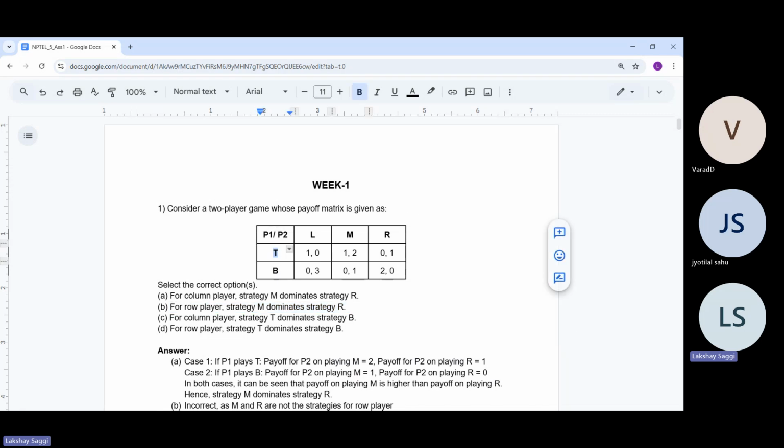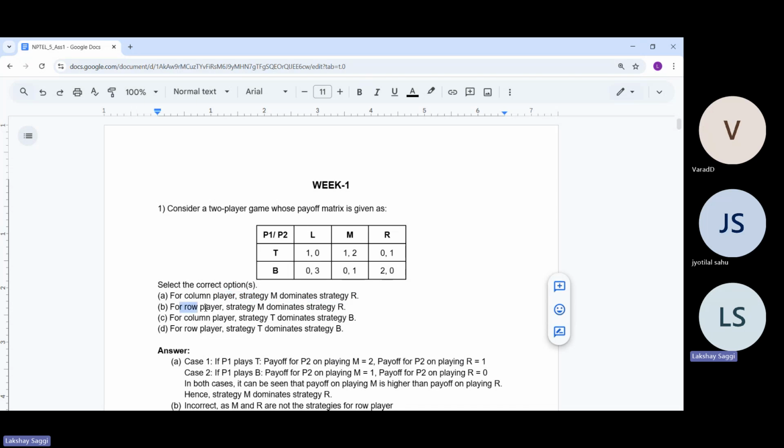The row player strategies are just T and B. As Bharat also pointed out in chat, M is a dominating strategy for the column player. Bharat, you were correct for this option.